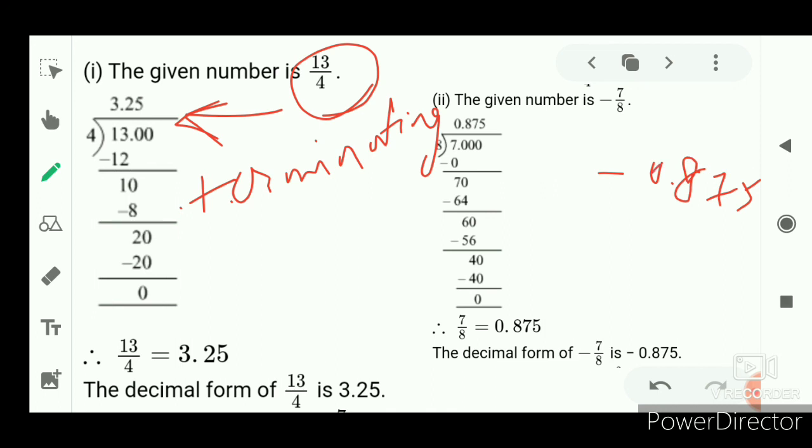Here also the quotient 0.875 is the decimal form of minus 7 by 8 and the remainder is 0, which means no term is repeating. So this is also a terminating decimal form.